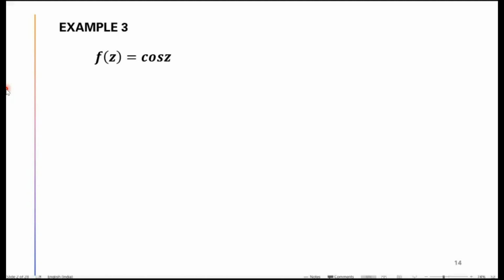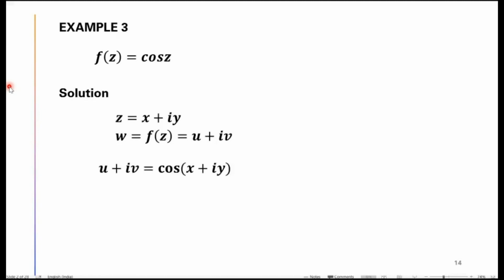So what will we get? u plus iv is equal to cos of x plus iy.